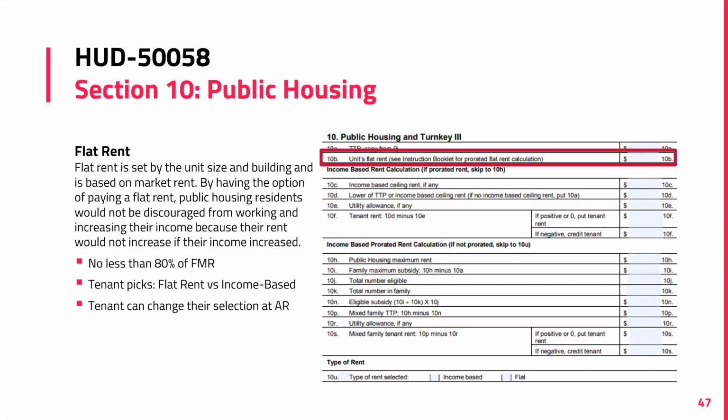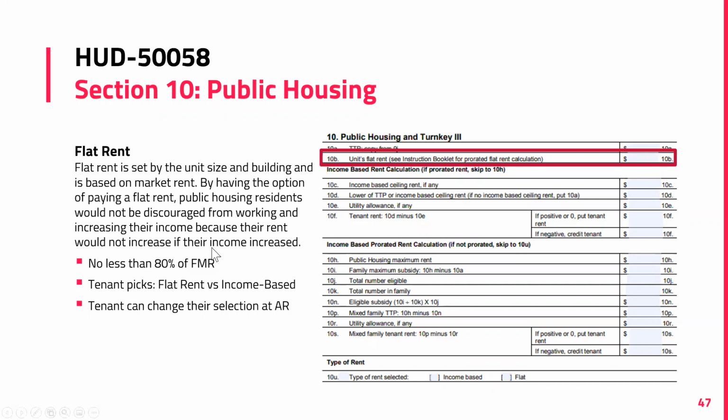That means at an interim, if they selected income based and at an interim their rent goes up, they can't go back and say, never mind, I want flat rent now. The changing between the flat rent and the income based can only happen at an annual. And technically for PHAs, it's called re-examination, not recertification, by the way.